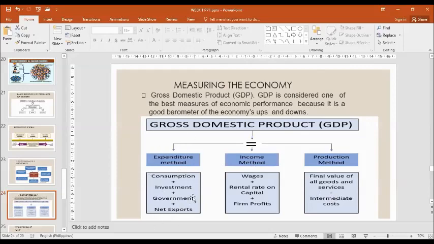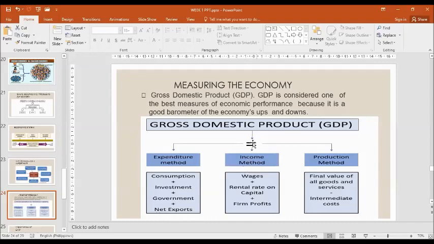But mostly, we use the formula under the expenditure method, which involves consumption of the household plus the investment of businesses, plus government spending, plus net exports, which means exports minus imports.